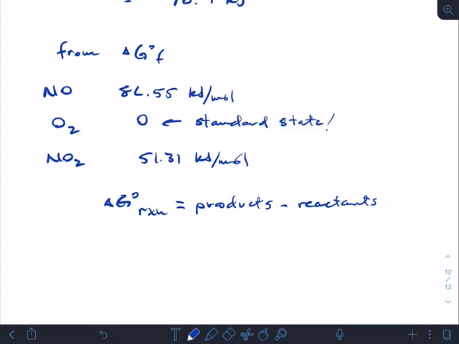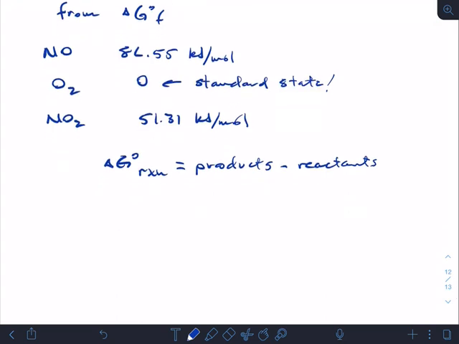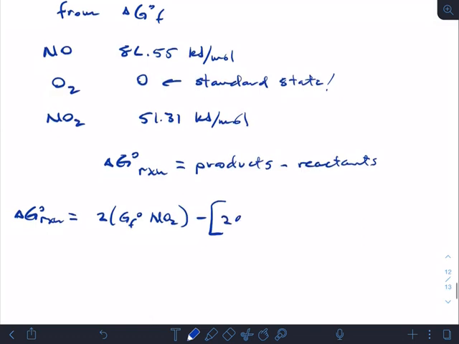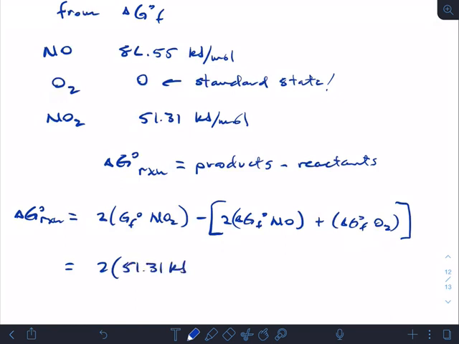Okay, so delta G naught of the reaction, products minus reactants. Right? Just like we've done quite a bit before. So I'm going to say delta G of reaction equals 2 times delta G naught of the NO2 minus 2 times the delta G for NO plus the delta G formation for O2.